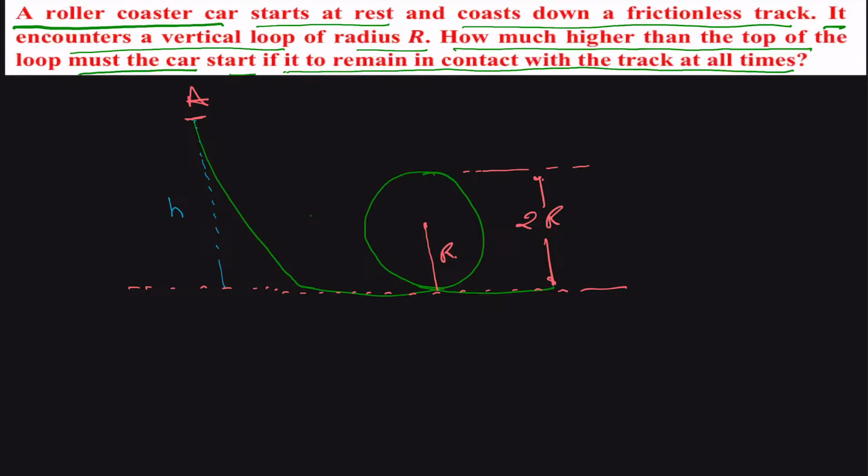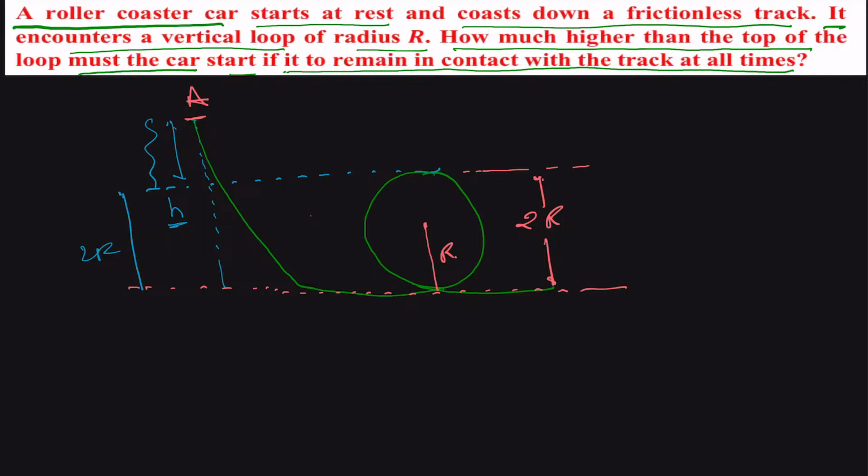And it says how much higher than the top of the loop. So we are interested in finding this height, which we can easily find because we know this distance is 2r. So let us find h, and based on this we can easily find the height above the loop.